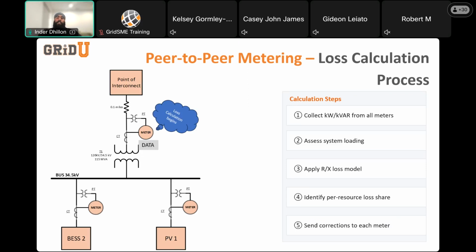It also identifies which resources are actively contributing to that flow, since loss allocation depends on which units are actually producing or charging at that time. So for example, if the PV contribution is 60% of the total output and the BESS is contributing 40%, then PV is allocated 60% of the loss and BESS gets 40%. So the allocation is proportional. Once those losses are determined, the next step is how they get applied.